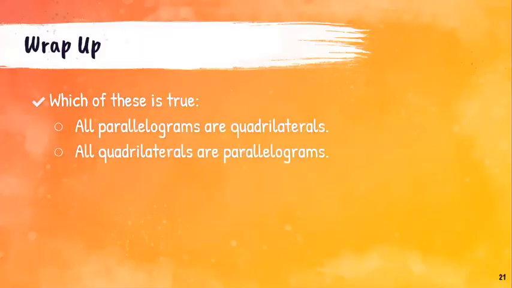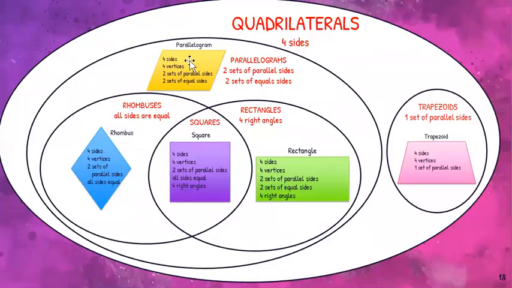What about this one? Which of these is true? All parallelograms are quadrilaterals. All quadrilaterals are parallelograms. So it is true that all parallelograms are quadrilaterals. If I look at my parallelograms, all of these fall into this quadrilateral group.